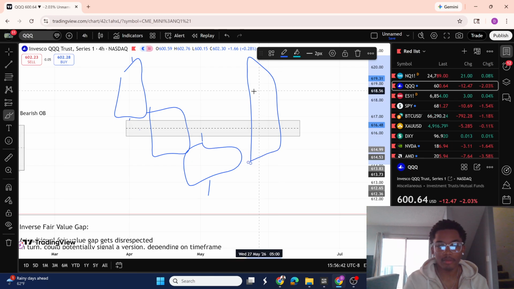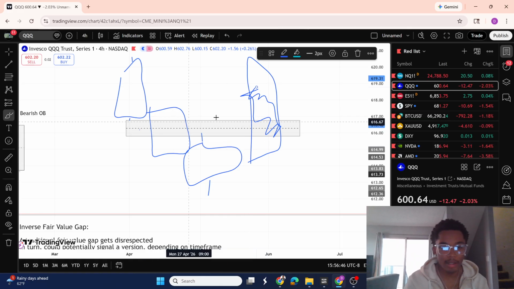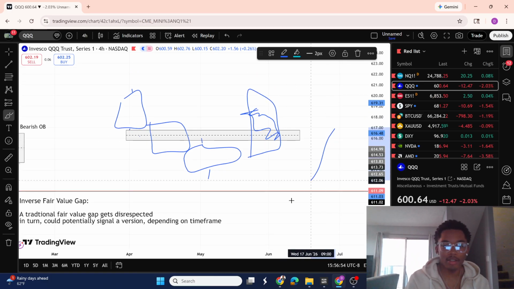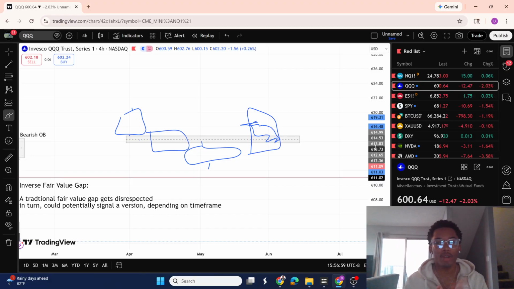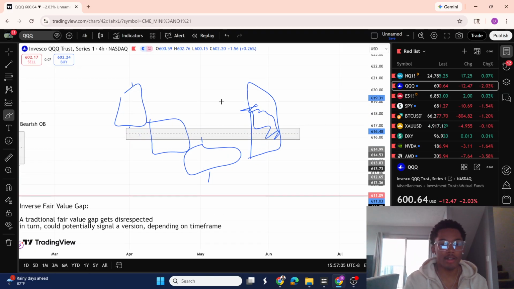This right here would be an inversion to the upside because we fully disrespected and closed and overly fulfilled the lack of buy orders. We even added to it. Okay, and what this represents is a rebalance and a restructuring of where price wants to go, right? So we know that, okay, buyers are in control now after we fulfill this gap.